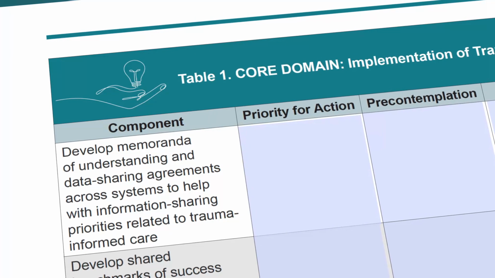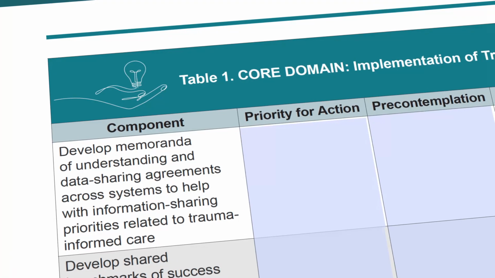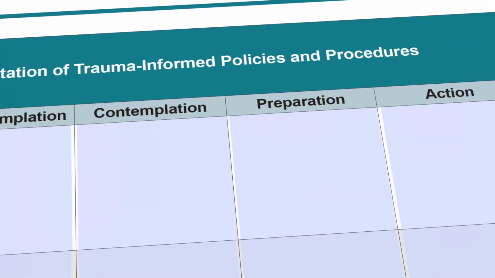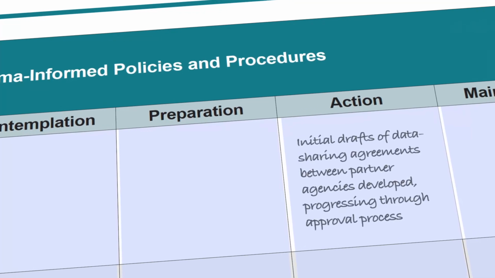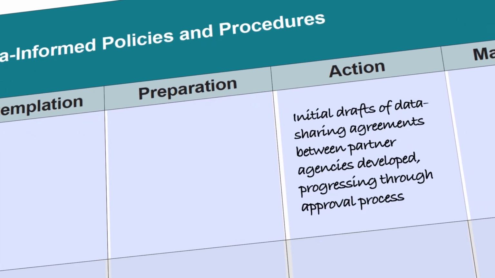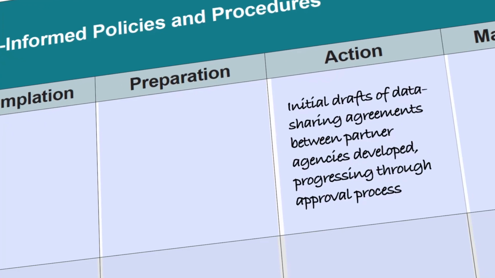If a collaborative team has begun developing data sharing agreements, but they are not finalized, the team in the action field could note initial drafts of data sharing agreements between partner agencies developed, progressing through approval process.